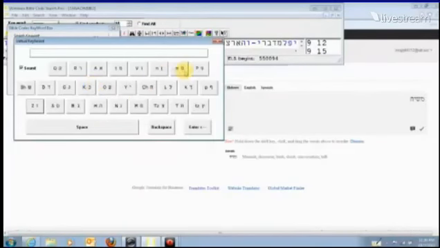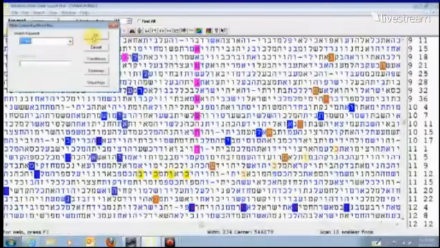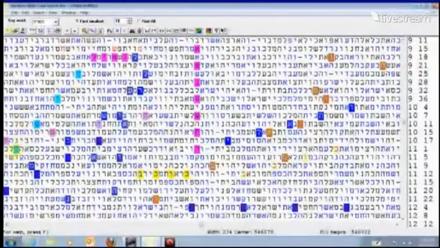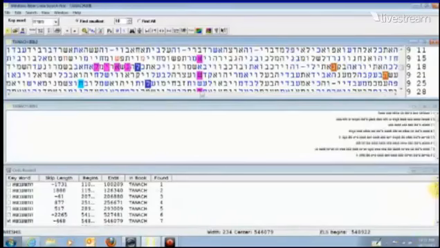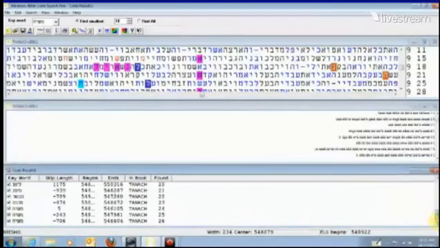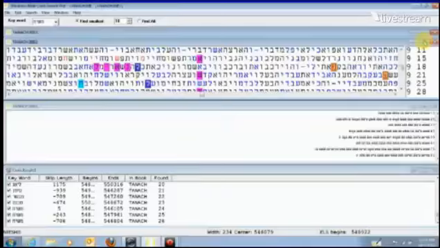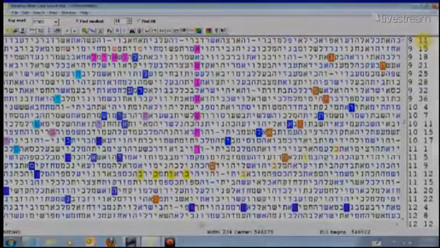So here we go. And there it is. Messiah. Messiah. And I think it's there 3 times. It is 3 times. So we got Messiah there 3 times.